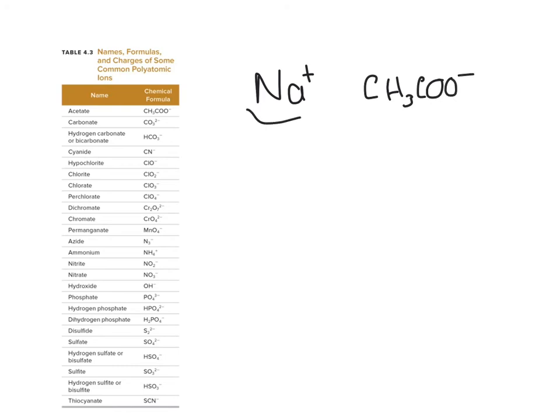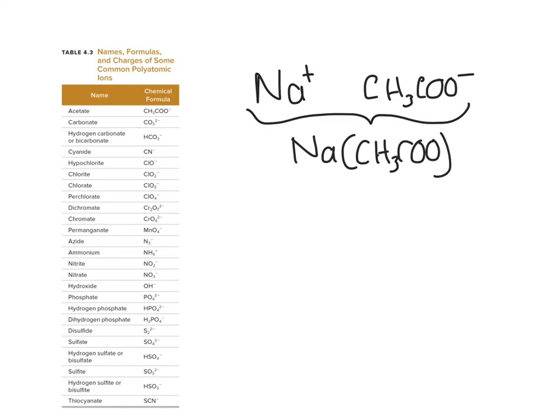So if I put these two things together, in order to get a neutral compound, I need 1 positive and 1 negative, so I need 1 of each. So my sodium acetate would be 1 sodium and 1 acetate. This makes a neutral compound.